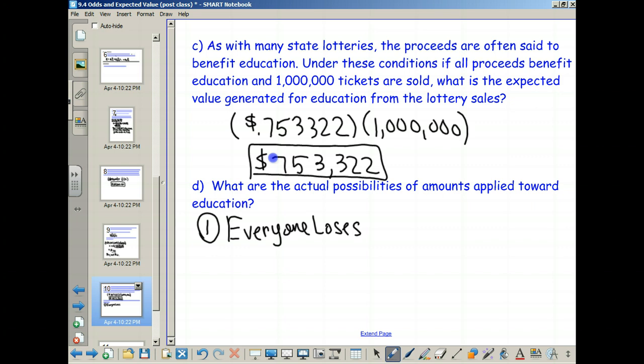If everyone loses, well, each of them paid $1 to play. And there were 1 million tickets sold. Which means how much does education win if nobody wins? $1 million. Education got $1 million. Okay. So one option is education is up 1 million because of the lottery.